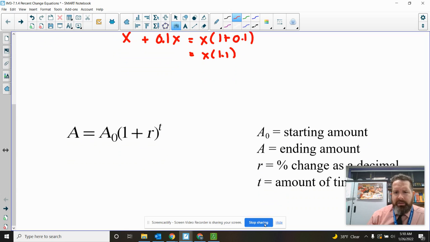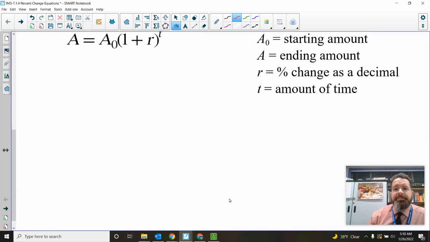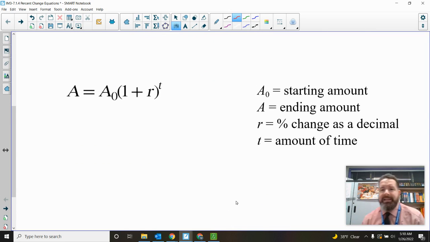We will then go back and apply this to our particular circumstance. So what we're saying is the amount that you end with is always going to be equal to the amount you start with. And here is that discussion we just had. The 1 means, hey, keep everything you got, and then we're going to add on a little bit extra. So that R is your percent change as a decimal. Always move that decimal over 2 spots.